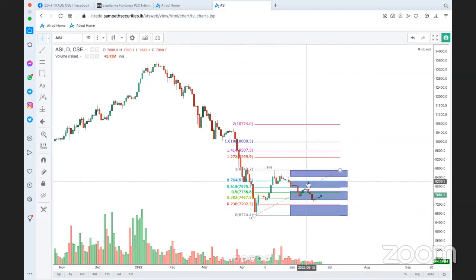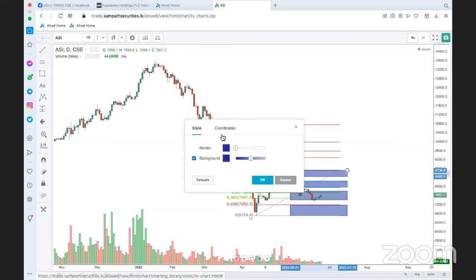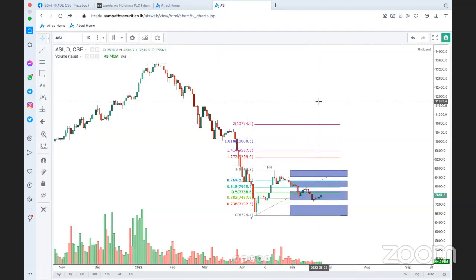You can be precise by going to the coordinates and giving the numbers, right? Different numbers that you can do if you want. Thereafter, you have another gap here, and in this gap I will be looking at these areas also.